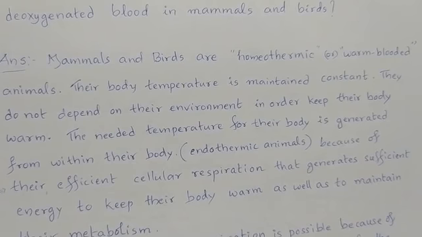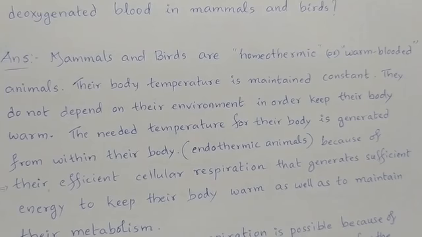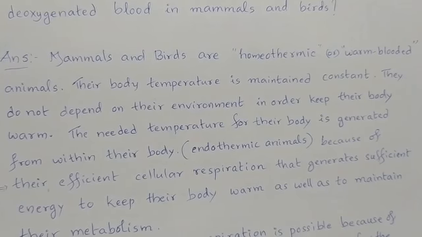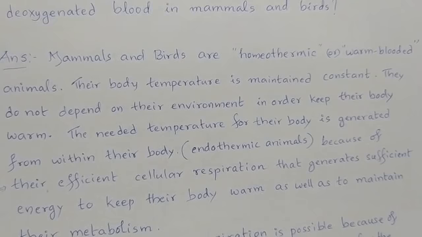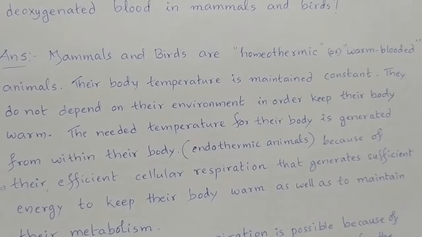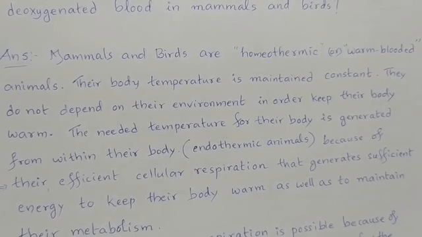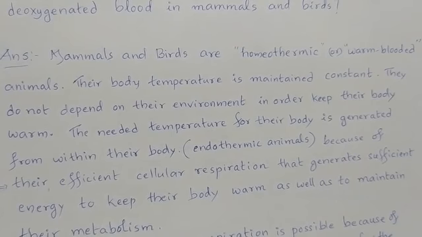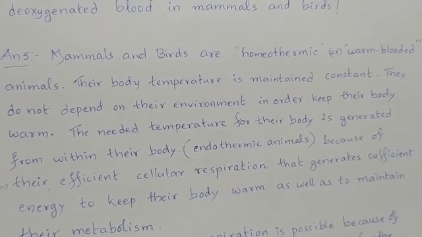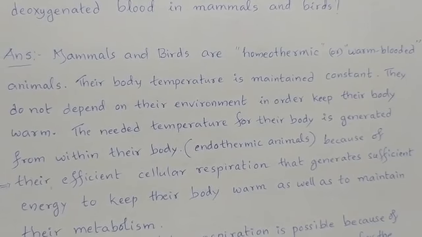Their body temperature is maintained constant, so only they are called homeothermic animals. And they do not depend on their environment in order to keep their body warm. The needed temperature for their body is generated from within their body itself.